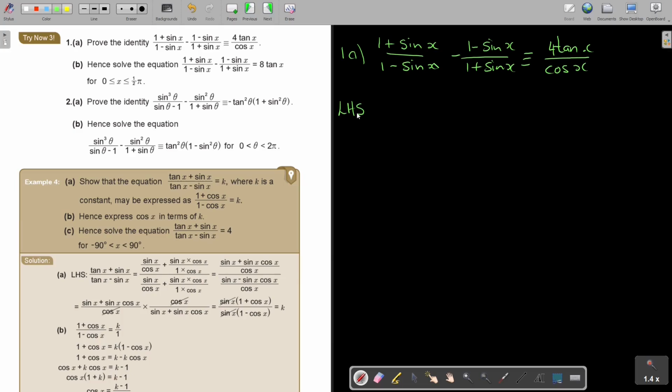So if I look at my common denominator, it's going to be 1 minus sin x and 1 plus sin x. So I'm going to multiply there with 1 plus sin x, and there I'm going to multiply with 1 minus sin x.